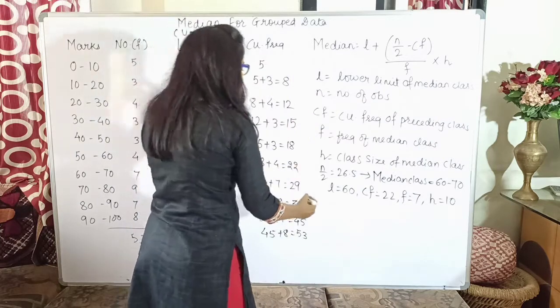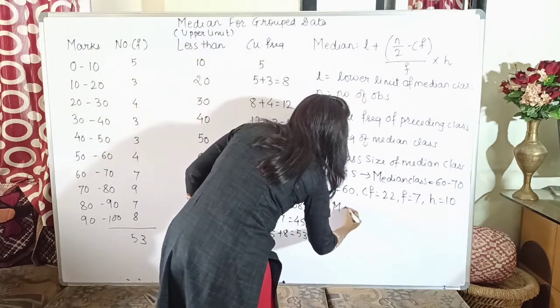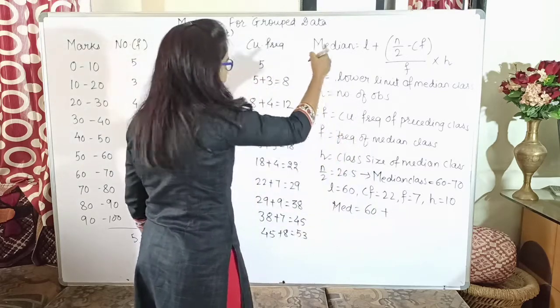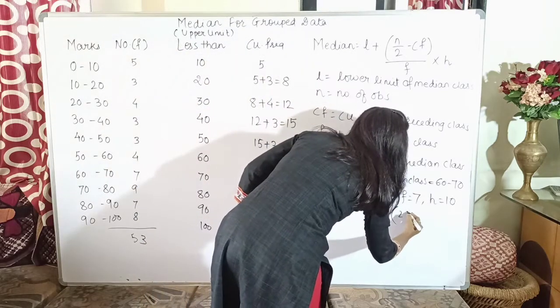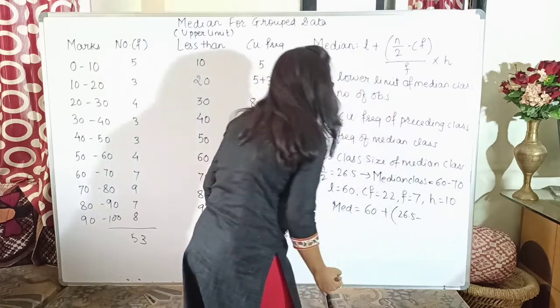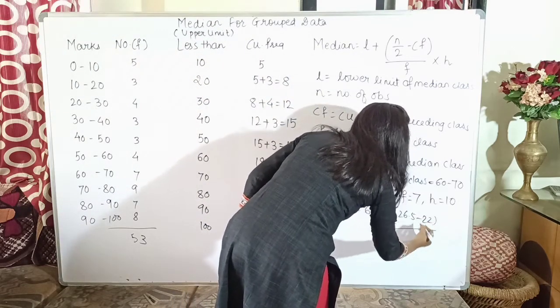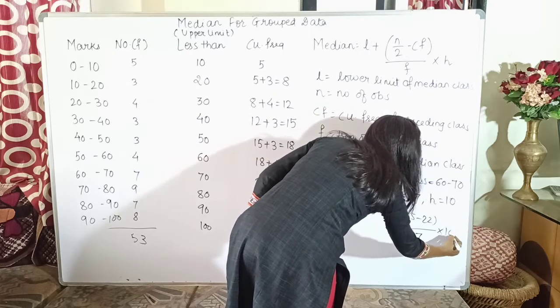So just put in the values. Therefore, median equals 60 plus (26.5 minus 22) divided by 7, into 10.